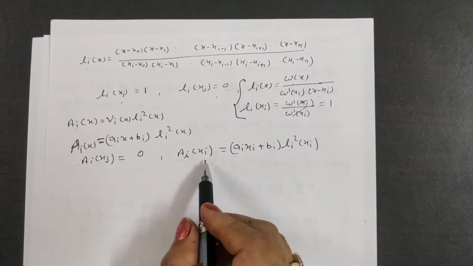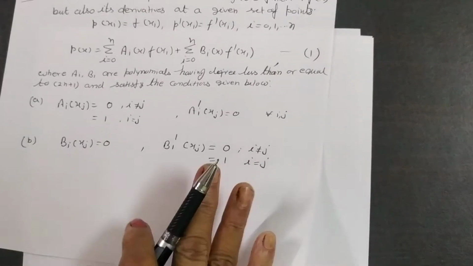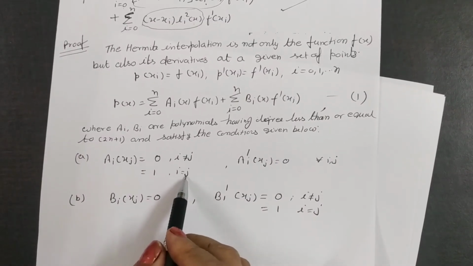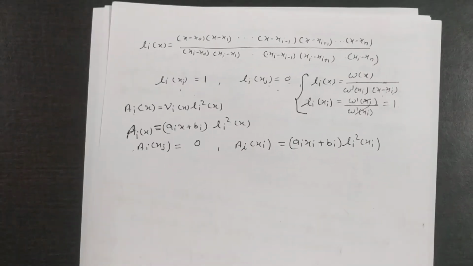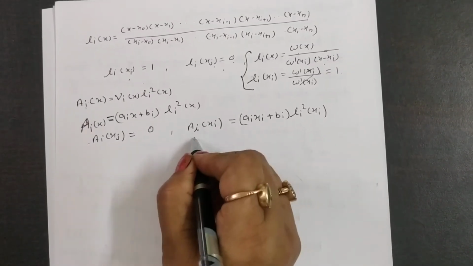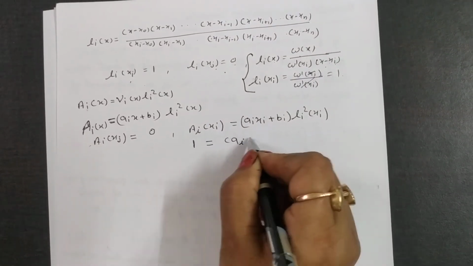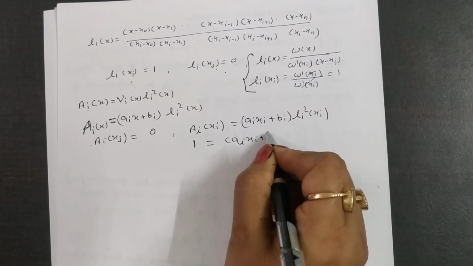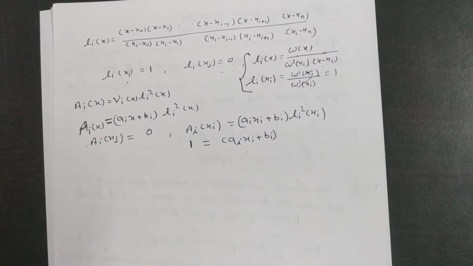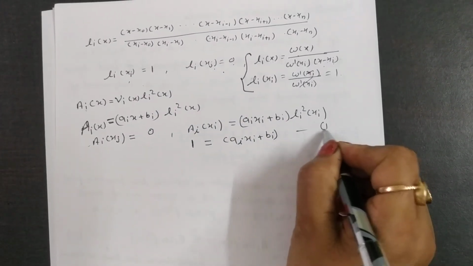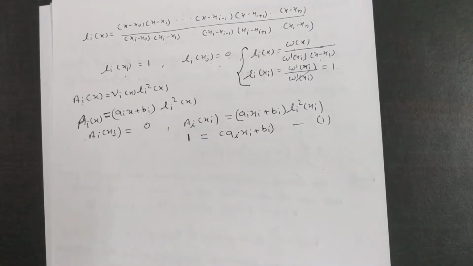Also from the condition, when the point is xi, the value is 1. So you can substitute 1 here: 1 is equal to ai xi plus bi, and the value of this term is 1. Clear? Let us suppose this is equation number 1.